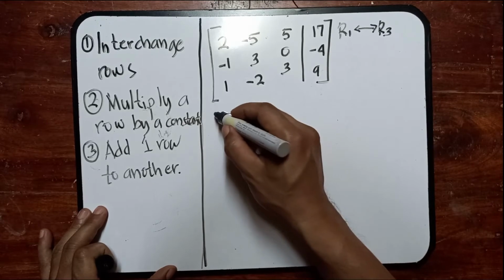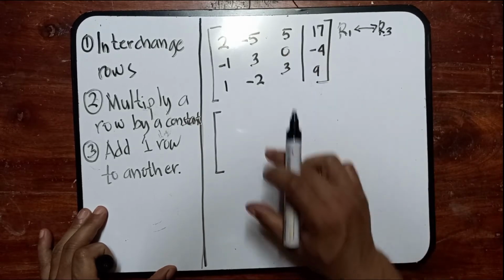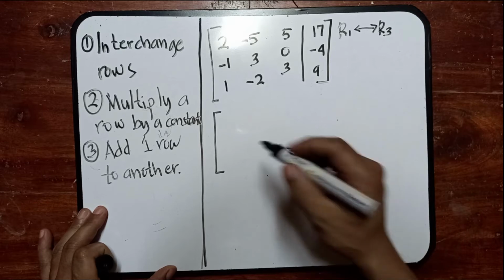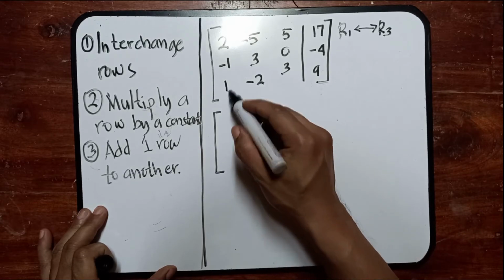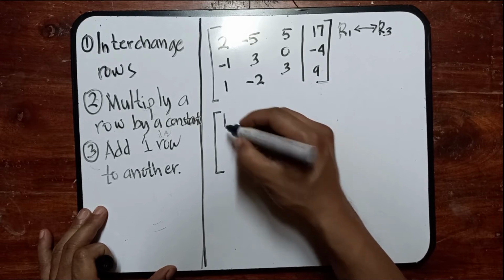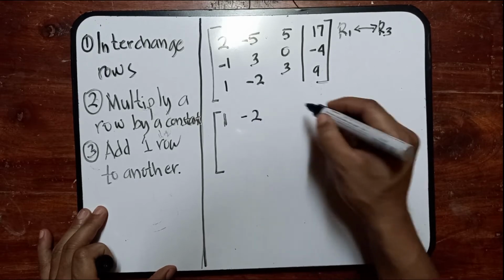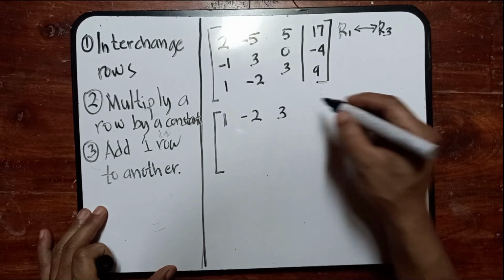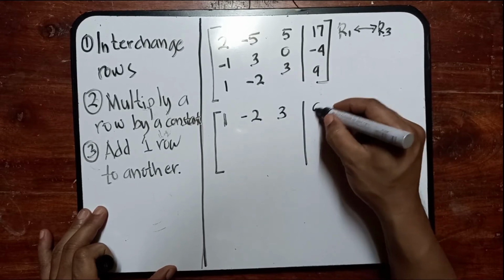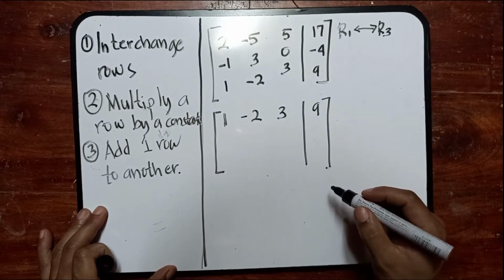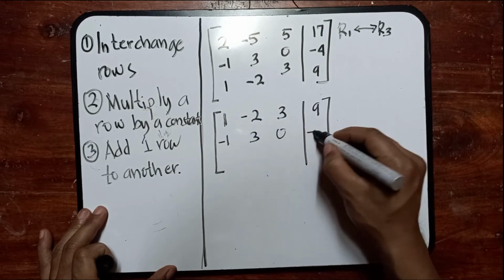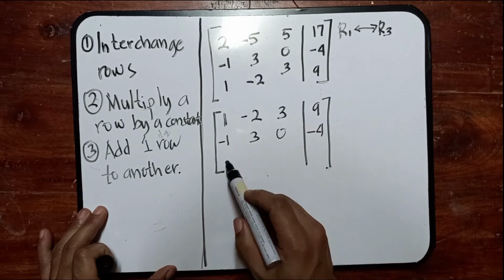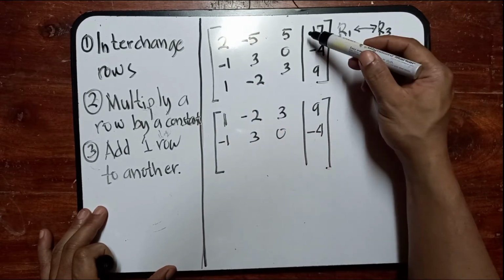Now after applying this first rule, the first row will become the last row on the first matrix. -2, and then 3, and then we have here our 9. Then we just copy the middle row, and the last row will be the row 1 on the first matrix.